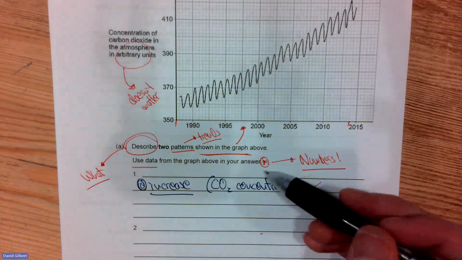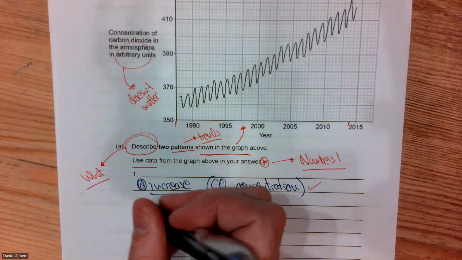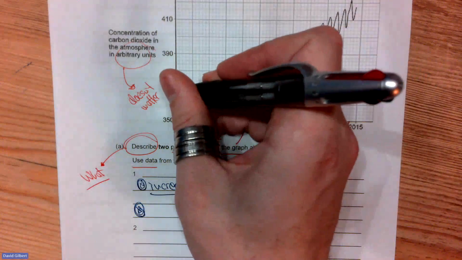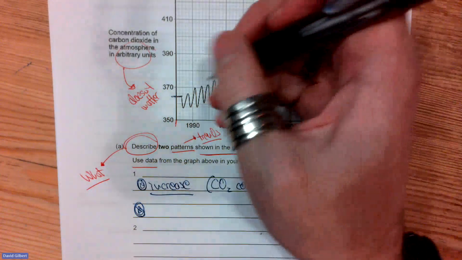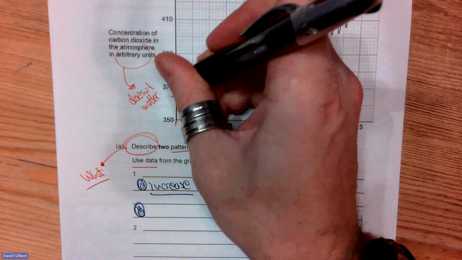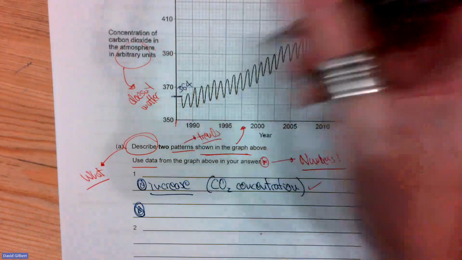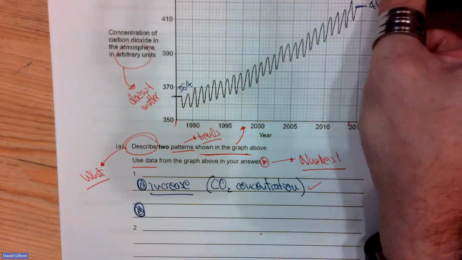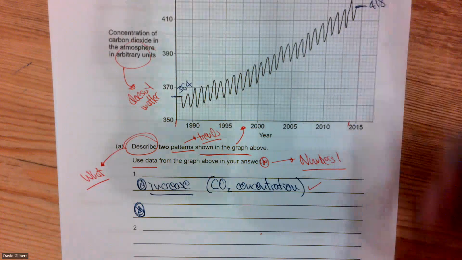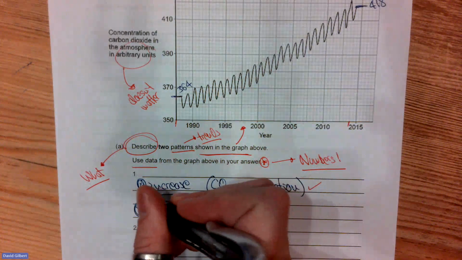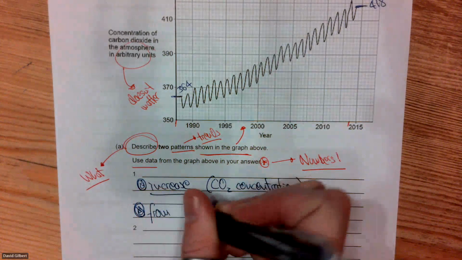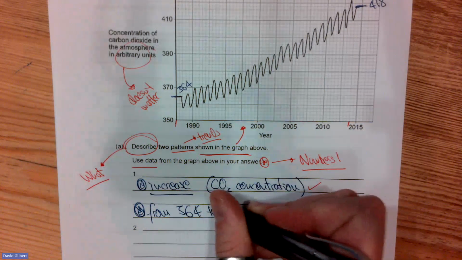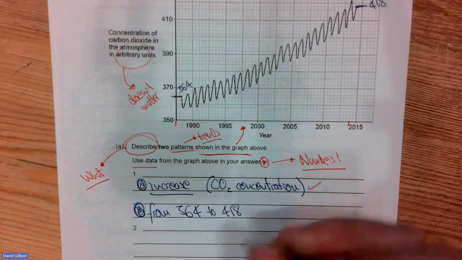Now, use numbers. What is the increase? Well, the increase, if you have a look and you read from the data on the graph, data starts at about 364. If you look at the scale here, it goes up to about 418. So what has the increase been? Well, it's been from 364 to 418 arbitrary units.